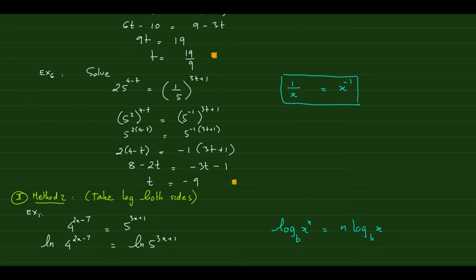If I use this, you will see that I can drop down the exponent, which is 2x minus 7, times log base e of 4, equal to 3x plus 1, which is the exponent on the right, times log base e of 5.